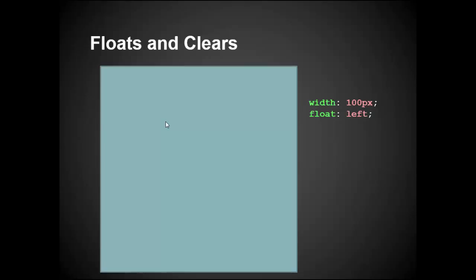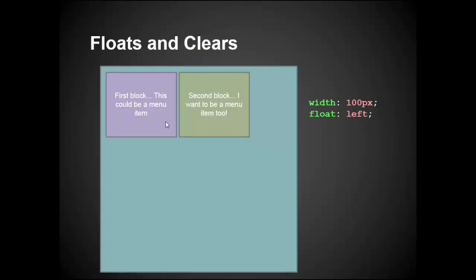If we use a float, by floating they are actually cornered. So it means that the first element goes here, and then the second element, notice that it goes next to it. Why?